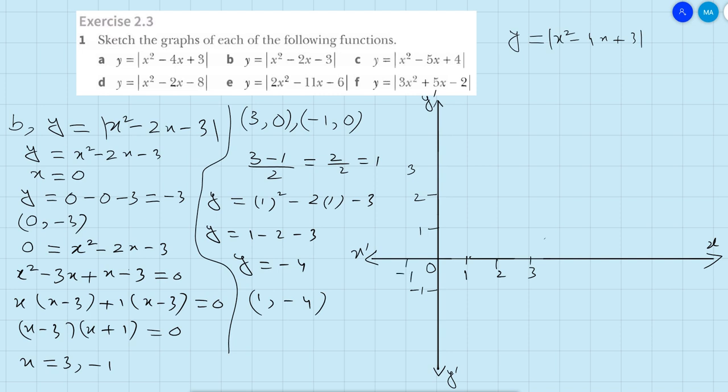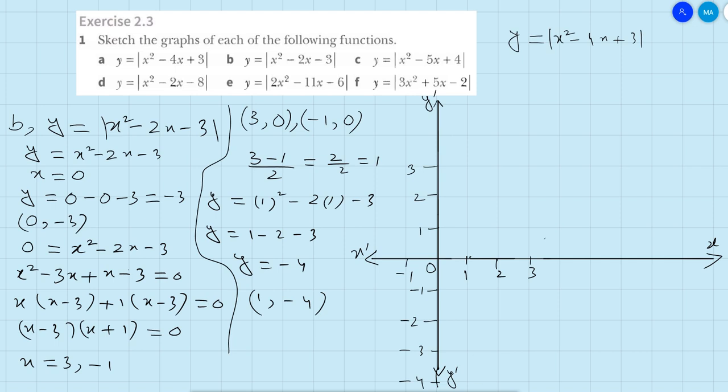And the maximum value of y is, sorry, the maximum value of y is 1. So this is 1, 2, 3, minus 1, minus 2, minus 3. We can extend this line, and this is minus 4.